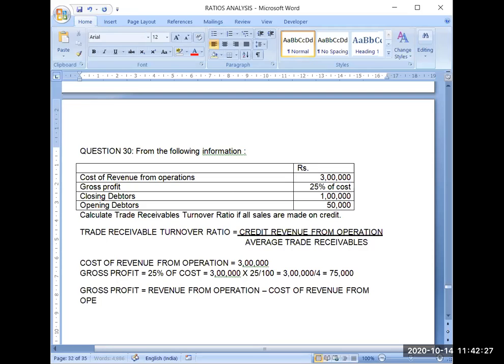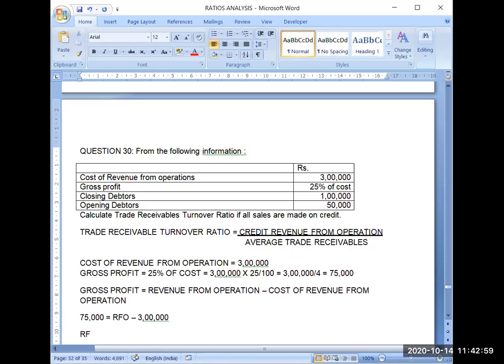So gross profit is equal to revenue from operation minus cost of revenue from operation. We have to calculate revenue from operation. We know 75,000 is equal to revenue from operation minus cost of revenue from operation, which is given as 3 lakh. So out of three variables, now I know two of them.